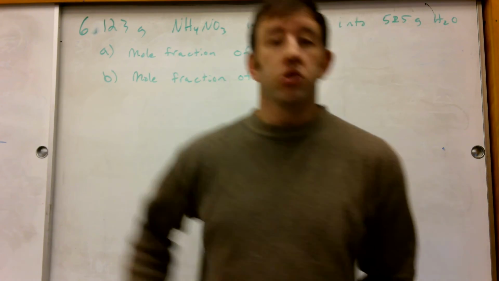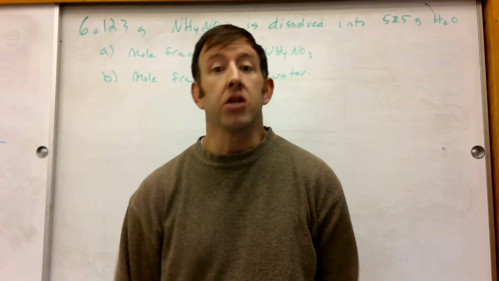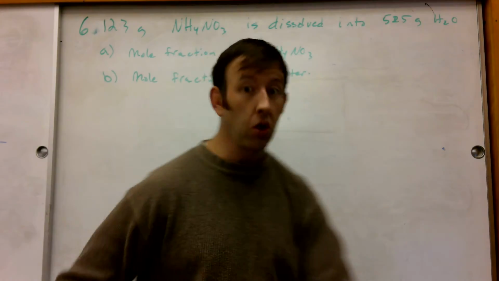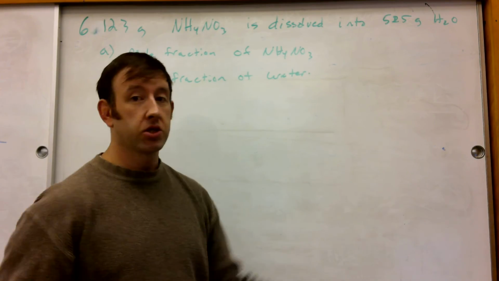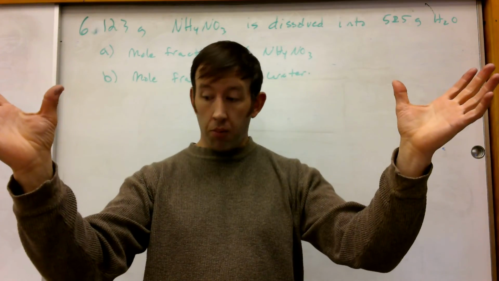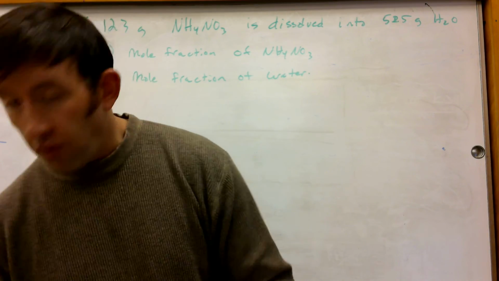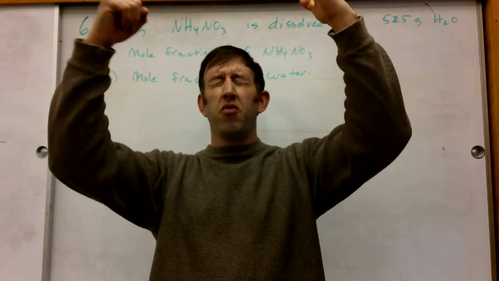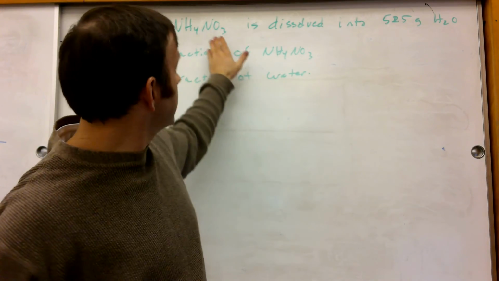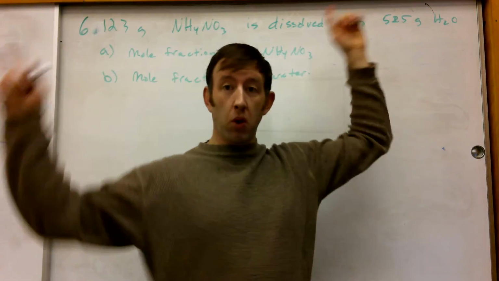All right, so for mole fraction, we need to convert all of our quantities into moles first, right? So off to the side somewhere, just convert grams of this to moles, grams of this to moles. Then you've got your mole problem, okay? So just remember that. Mole fraction, everything needs to be in moles. All right, so I have ammonium nitrate and I have water. Those are both given in grams.